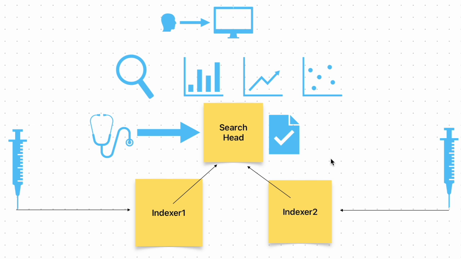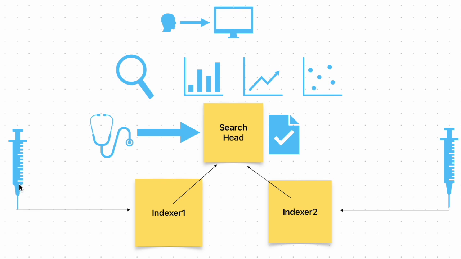So in a distributed environment, in this example, I'm going to take one search head and two indexers. The two indexers can have independent data.